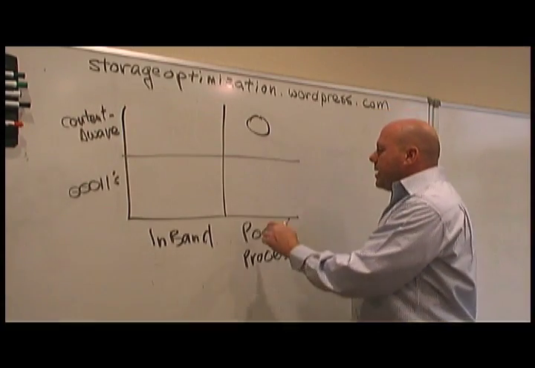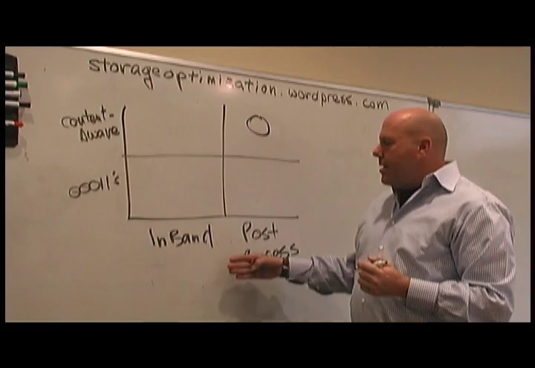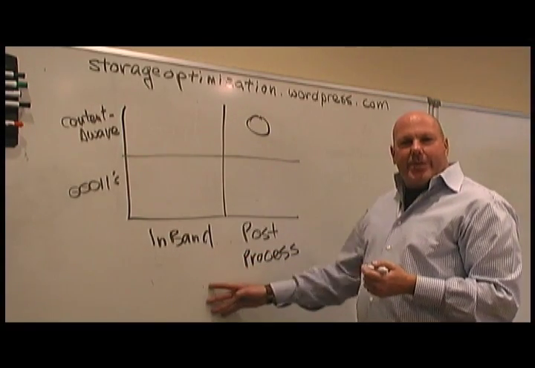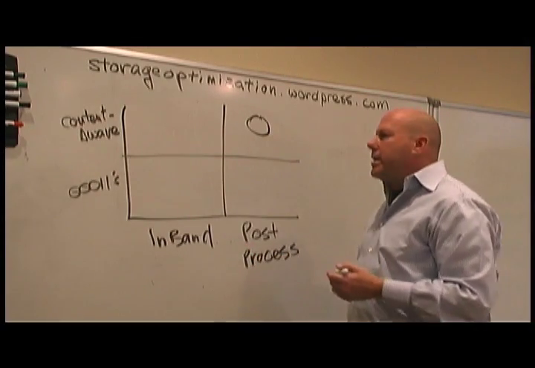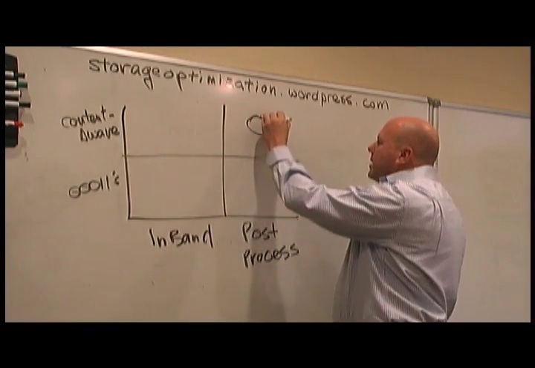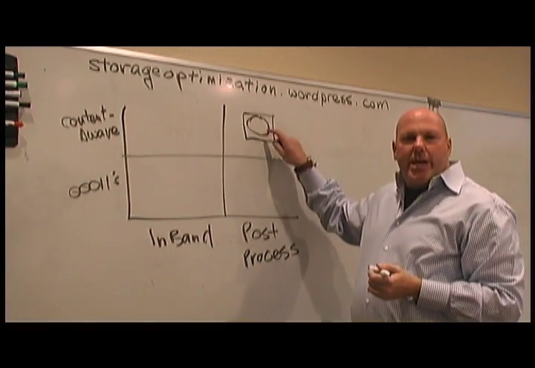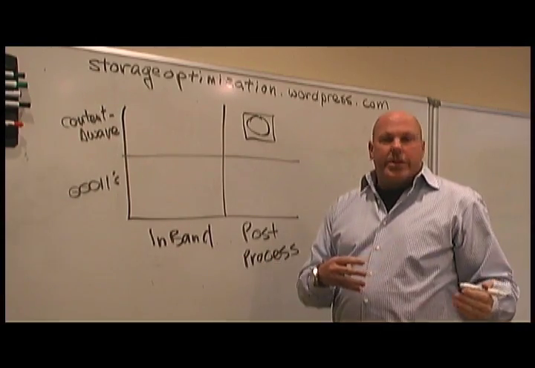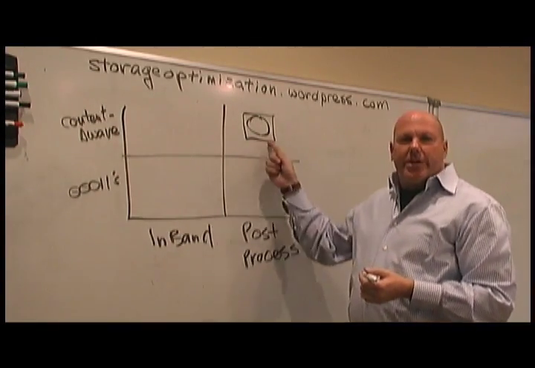And similarly, because the focus is on response time and latency, the main thing is not how long it takes to do the data reduction, it's on how long it takes to access it after you do that. So the right answer for online, again, is post-processing. And this is the place where you have to be to do the right job in optimizing online storage. These other places, they might be the right thing for backup, but for online, it's up here.